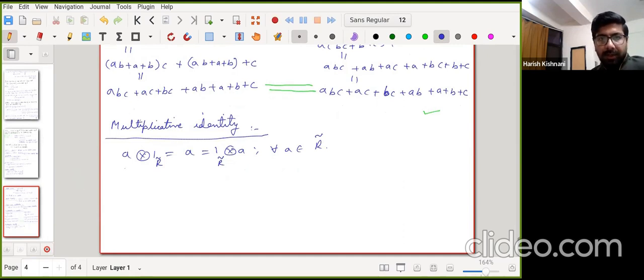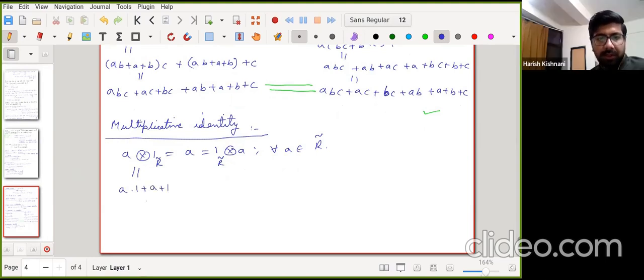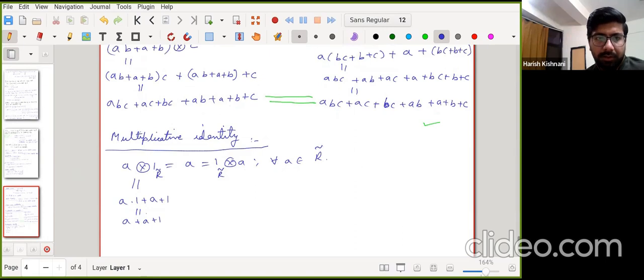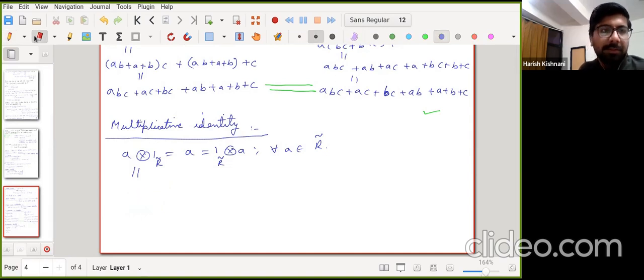So, but what is this? This is just A dot 1 plus A plus 1, which is A plus 1, right? And we are expecting it, so there is just some notational mistake I did.